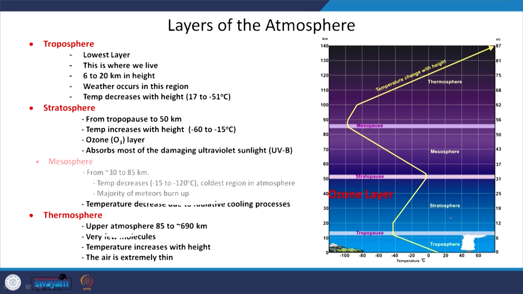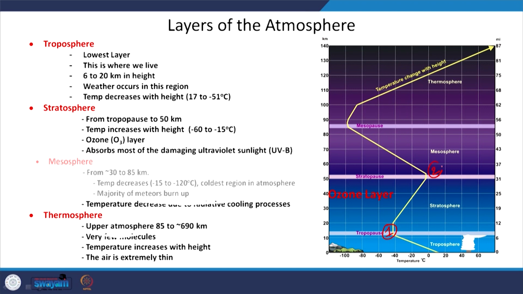Now, you see the turning points. The turning points are the ones where the slope of the curve changes from positive to negative or negative to positive. As you see here, you have how many turning points? You have one turning point here where the temperature keeps on decreasing and then suddenly starts increasing with respect to height.